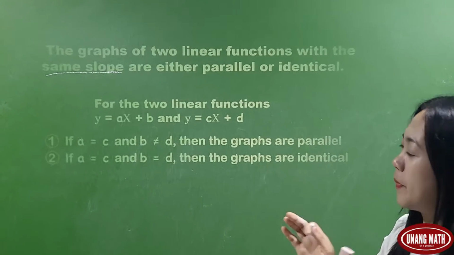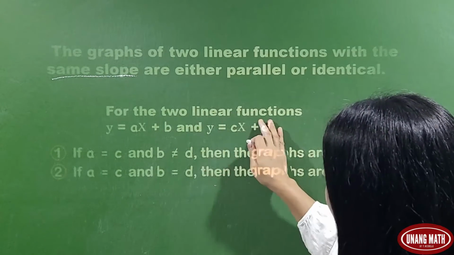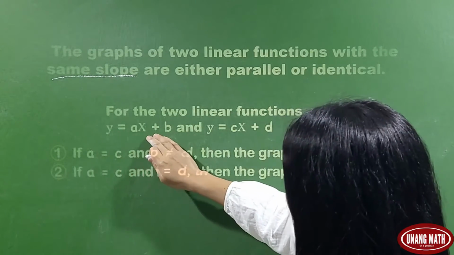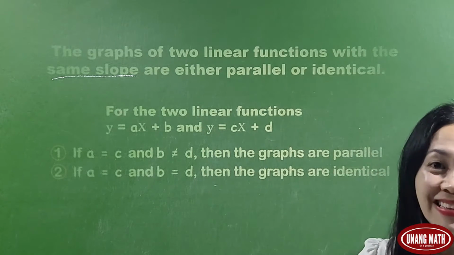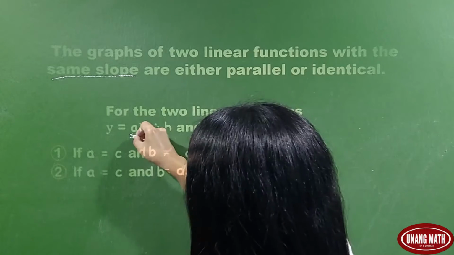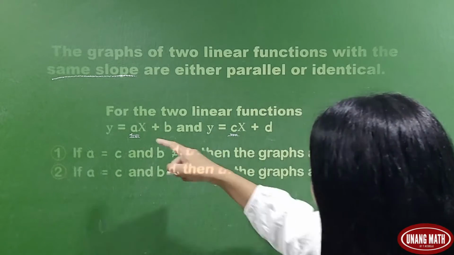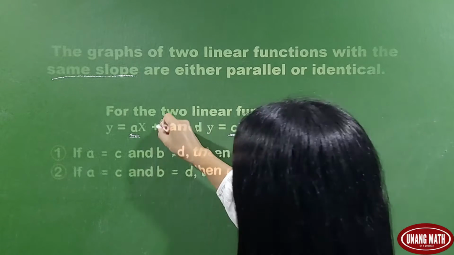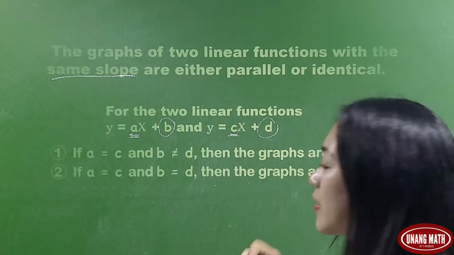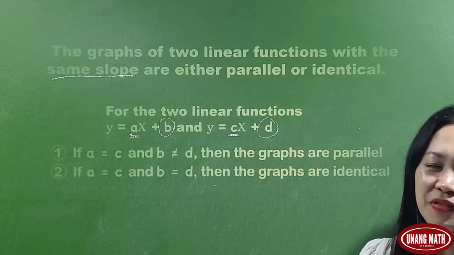Let's give an example. We have here two linear functions, y is equal to ax plus b and y is equal to cx plus d. A and c are the slopes in these linear functions. B and d are the y-intercepts.